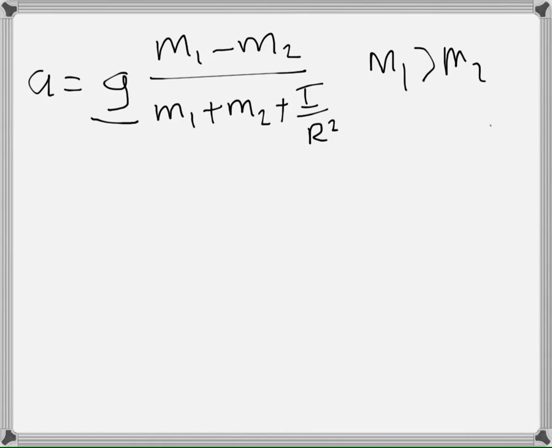But when you have a rotation for the pulley, the moment of inertia of the pulley will resist the acceleration. If you have a larger mass for the pulley, then the acceleration will be less, because a larger mass will increase the moment of inertia, right?